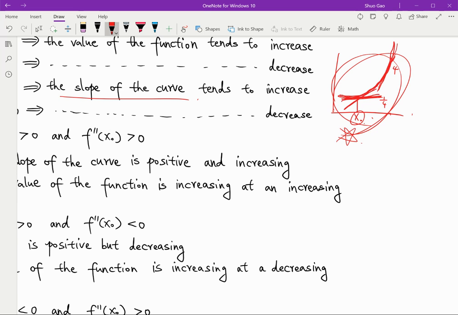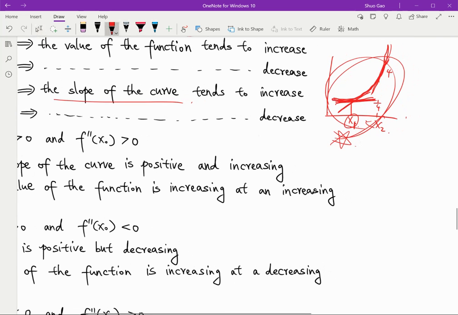It's an increasing function. And for any point here, if x1 is less than x2, the slope at x1 is less than the slope at x2. So at the point x2, the tangent line slope is larger than the slope of the tangent line at x1.